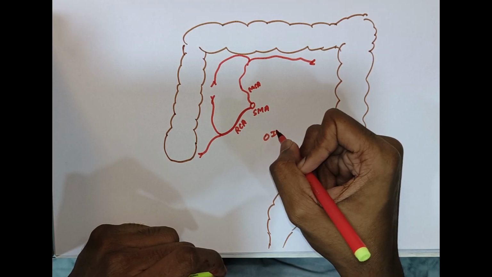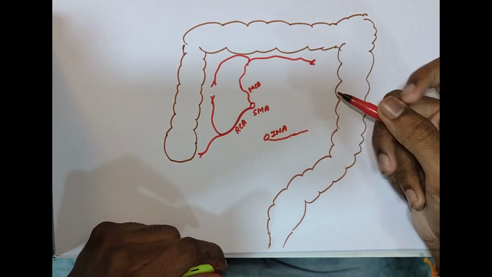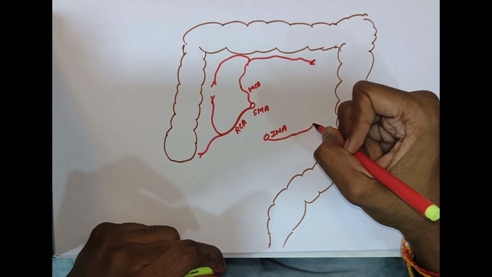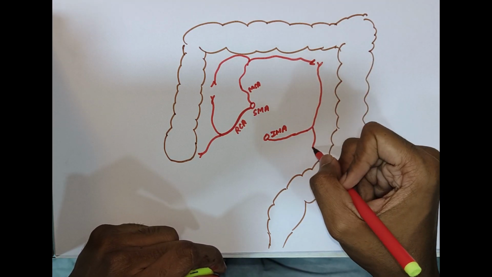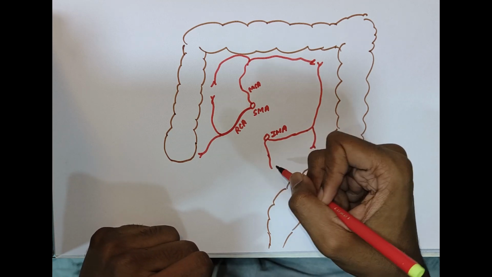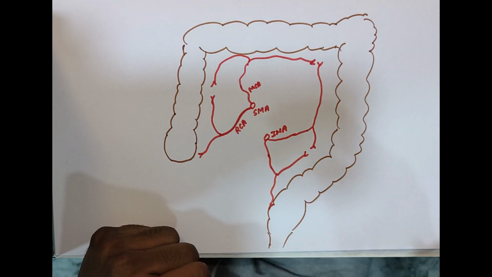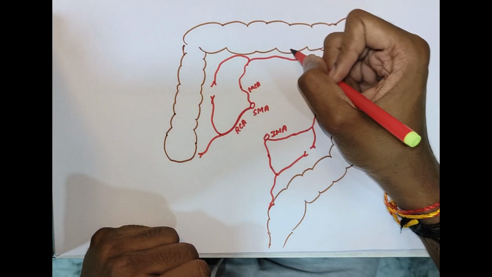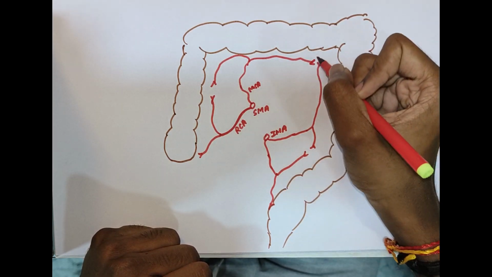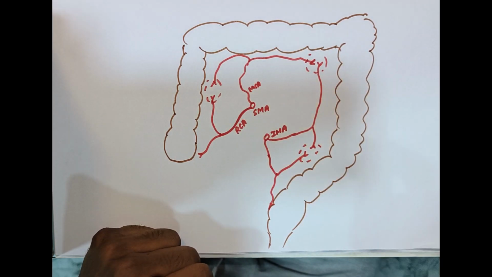Now, if we have the inferior mesenteric artery here, we have the left colic artery arising from it, which has an ascending branch and a descending branch, and we also have the sigmoidal artery, which also has an ascending and a descending branch. So, can you appreciate a circumferential anastomotic network, because all these branches are anastomosing with each other.